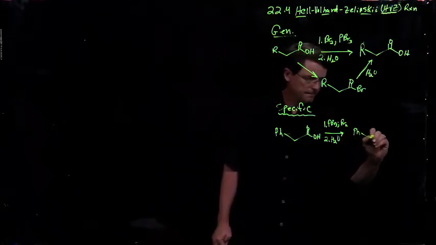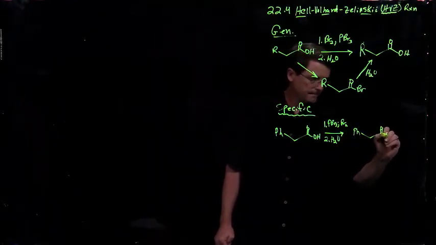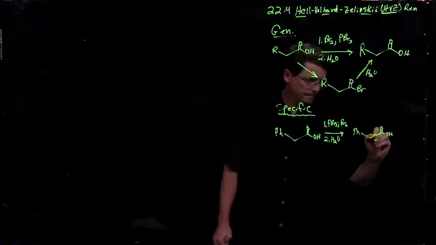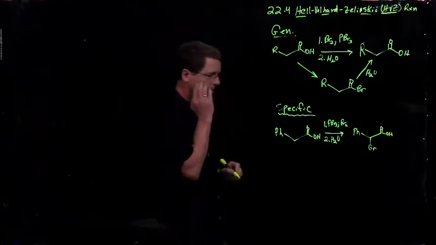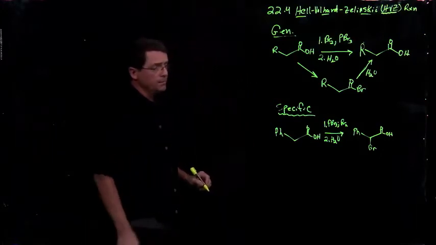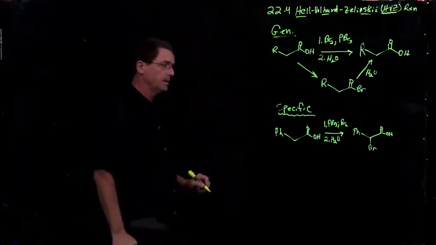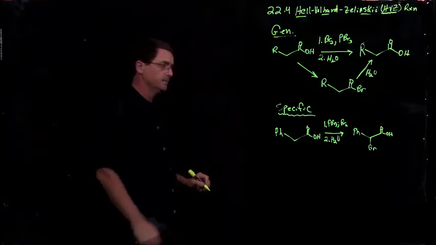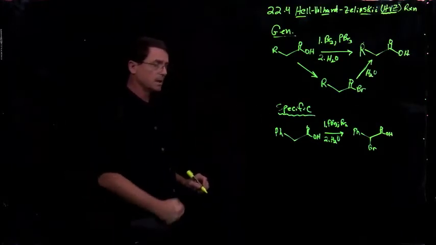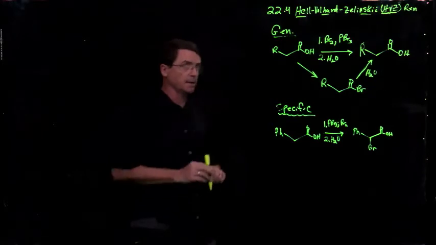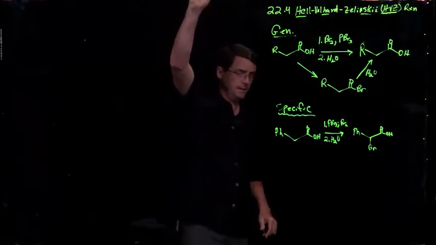Then we get the alpha bromo compound, and we get monobromination just like we saw for the acid catalyzed reaction of ketones and aldehydes.